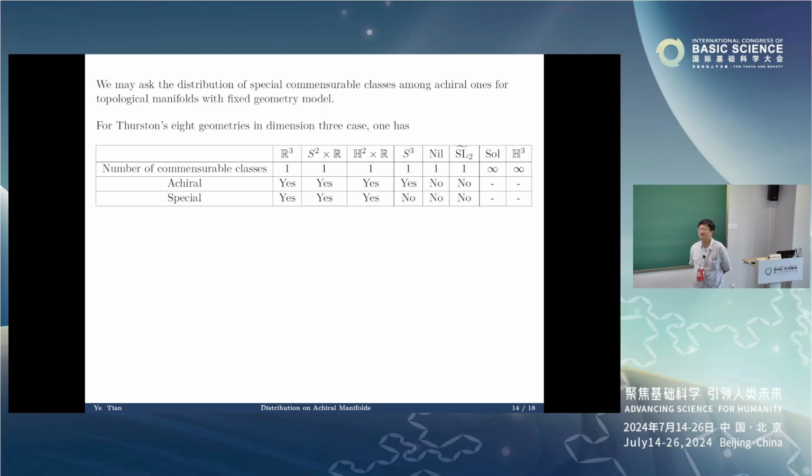Now we can ask about achirality. Sol manifolds are torus bundles over S1. If the monodromy matrix has real eigenvalues, then we call it Sol. Real eigenvalues means, because the product is 1, that one is bigger than 1 and the other is less than 1, right?